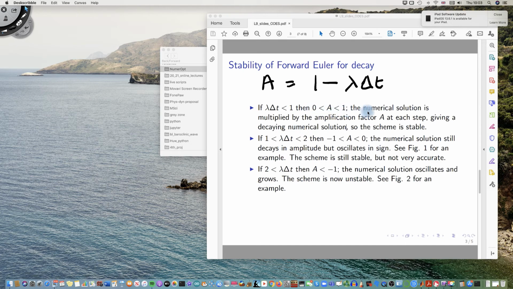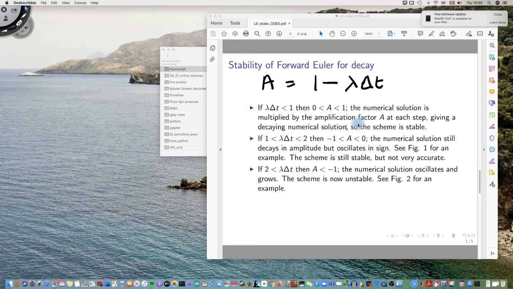So A is less than 1, and remember, the way to think of amplification factor is this factor that the solution x is multiplied by each step. So that means the numerical solution is multiplied by an amplification factor that is smaller than 1. This means the numerical solution will decay, right?